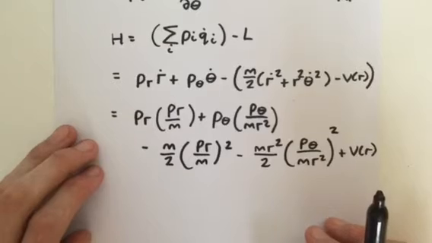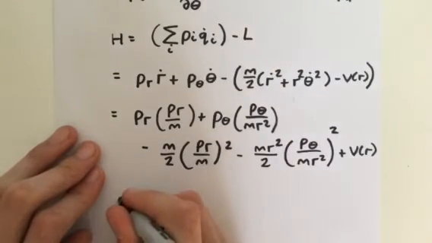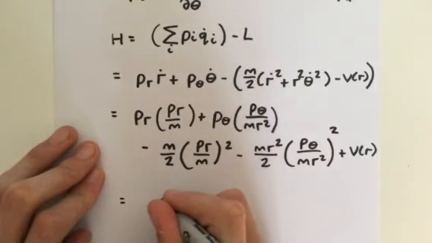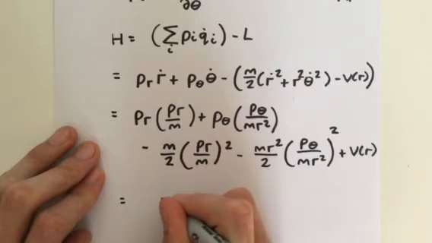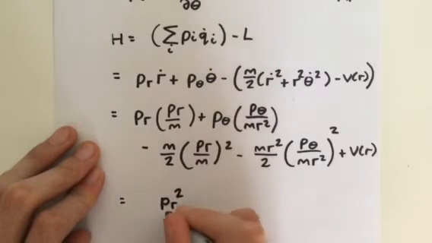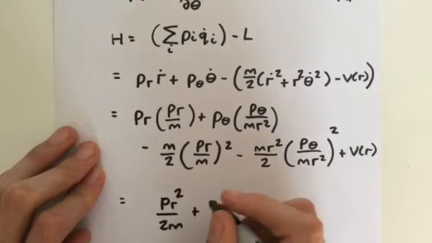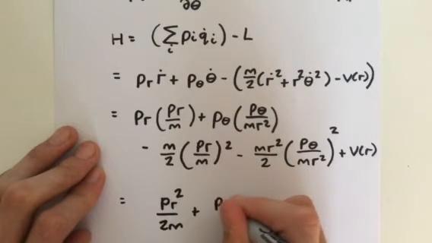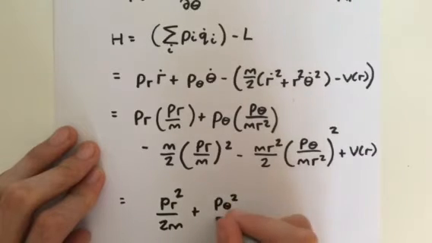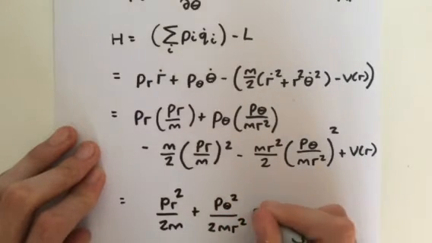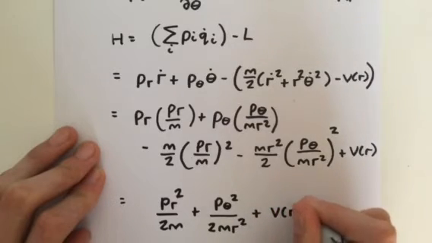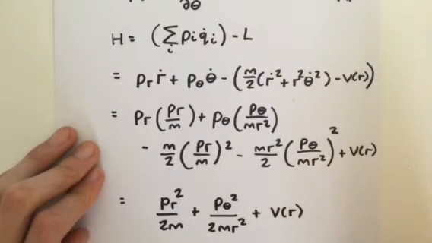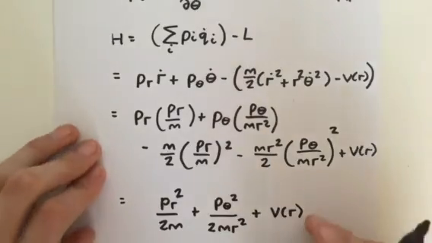When we do so, this gives us p_r² divided by 2m, and to that we add p_θ² divided by 2mr², and then we add V(r) at the end. That is our Hamiltonian.